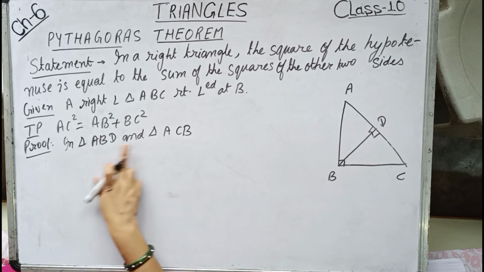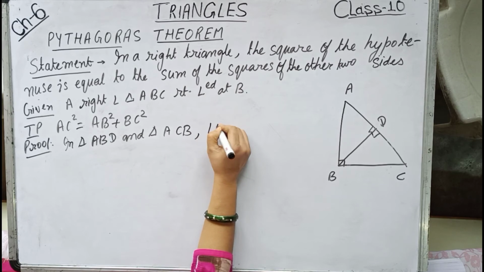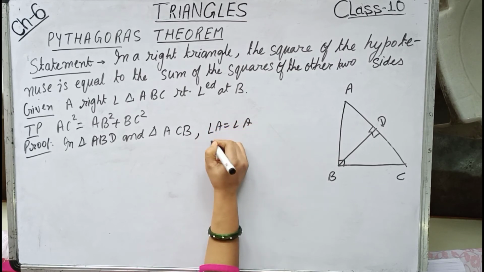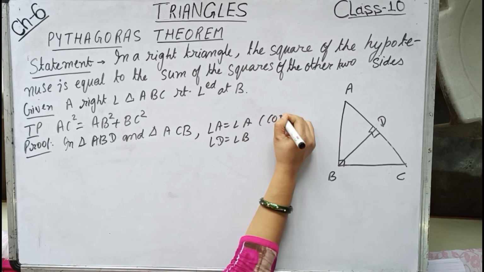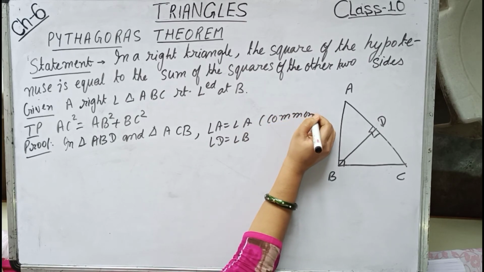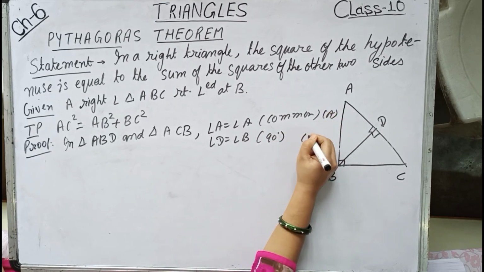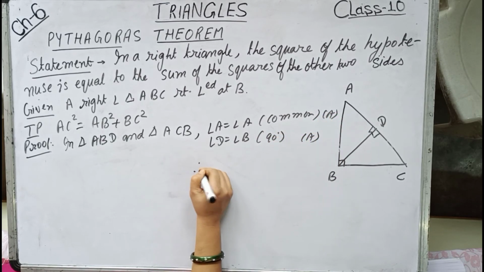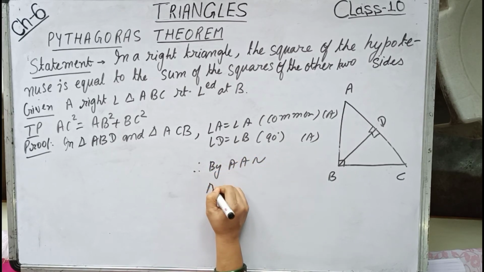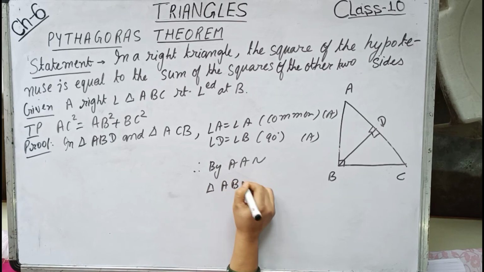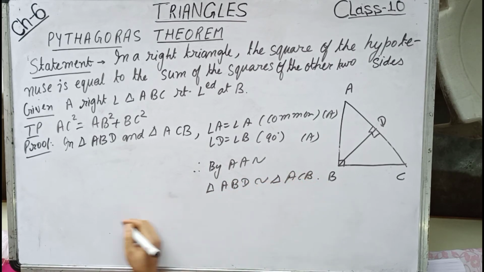So in triangle ABD and triangle ACB, angle A equals angle A, angle D equals angle B. This one is common, and this one is 90 degree. Therefore, by double A similarity, triangle ABD is similar to triangle ACB.